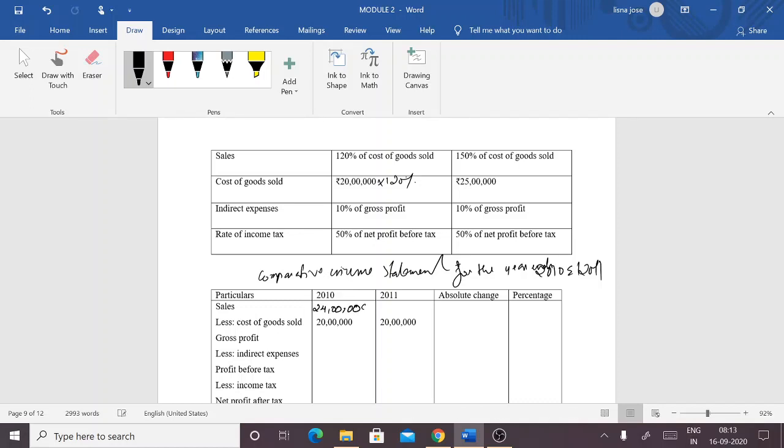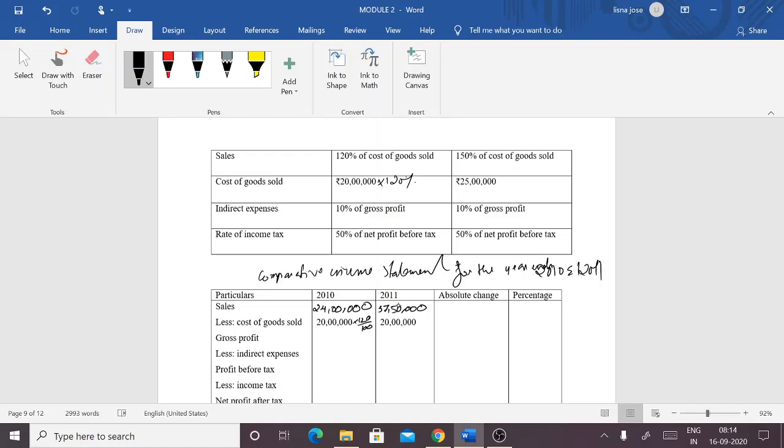That means 20 lakh into 120 divided by 100 gives the figure of sales. And in 2011 it is 150% of 25 lakh, that means it is 37 lakh 50,000.